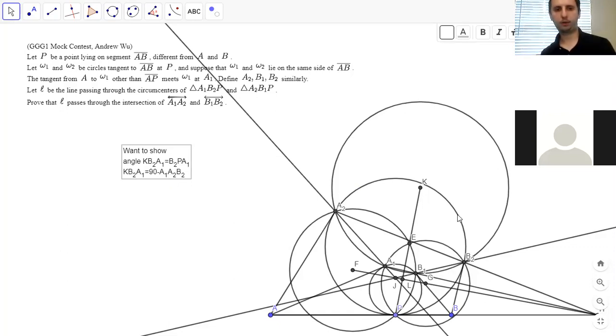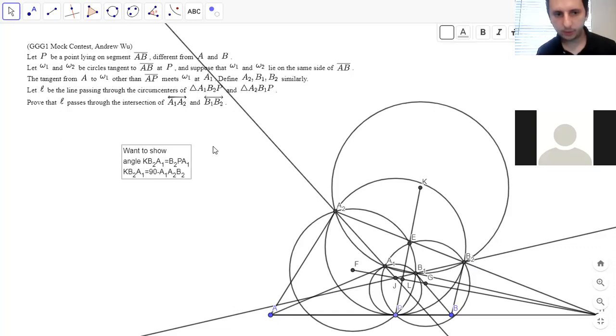Okay, hold on one sec. So we want to show. Sorry, I get confused a little bit. K B2 A1. K the center. So K B2 A1 is (180 minus A1 K B2) divided by 2.